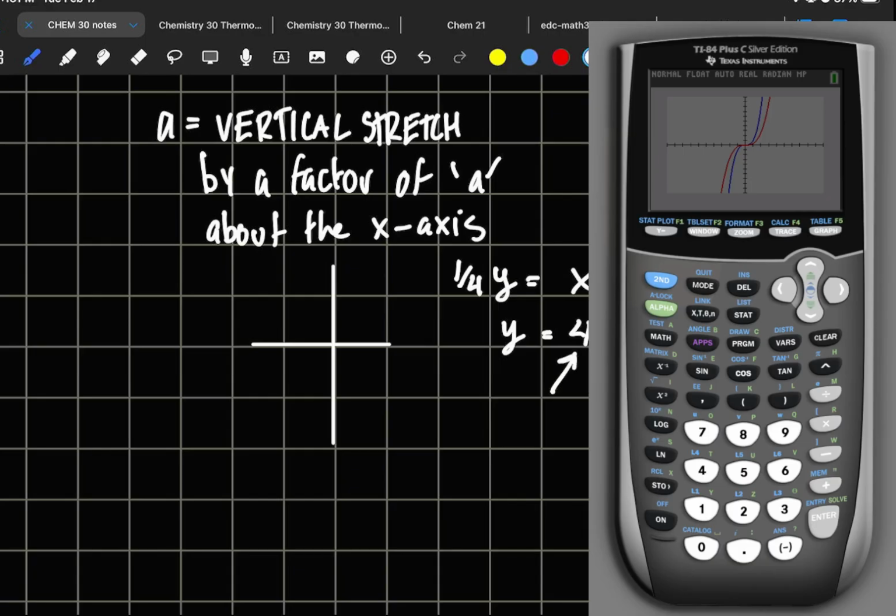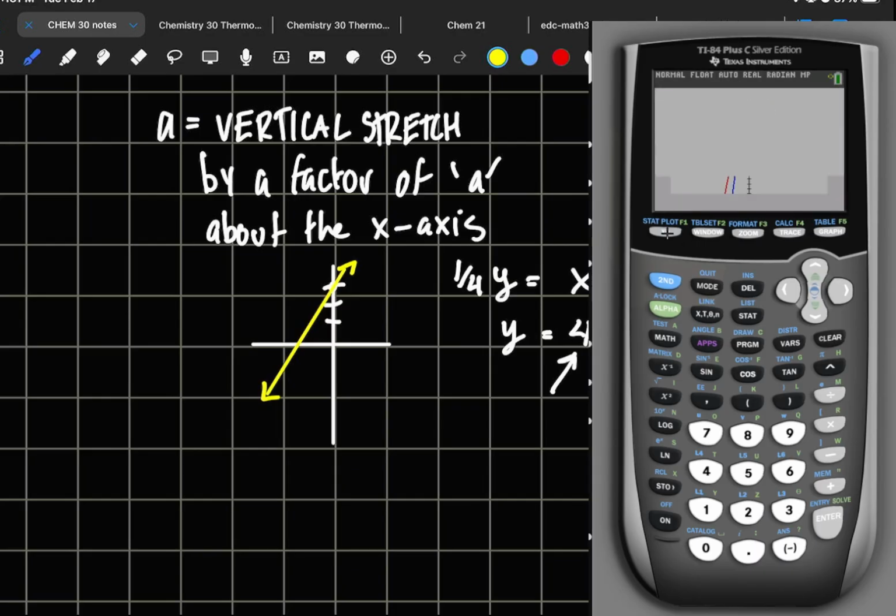In this case, you would have a vertical stretch by a factor of 4. If you want to graph x plus 3, that would start at 3 on the y-axis. This is not to scale, but it's going to look something roughly like this. And if you were to graph 4 times x plus 3, we go to our graph here, not like you need it, but just in case.